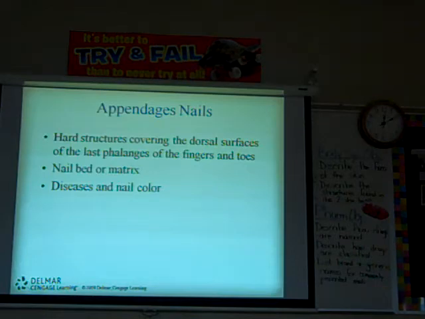If your fingernails weren't on the dorsal side, what side would they be on? On the front. What's that called? Ventral. So, why are fingernails on the dorsal and not on your ventral?